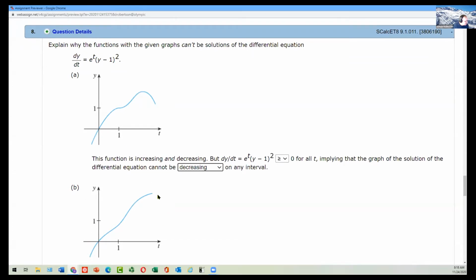This graph here, the second one called B, can't be a solution either. Well, the good news is it's always increasing, so we can't use the argument that we used here. If you look at this equation here, what is going to be the derivative when y is the number 1? 0.